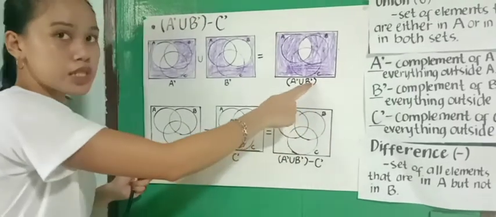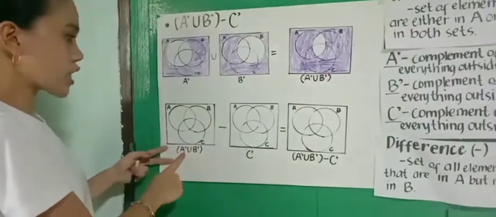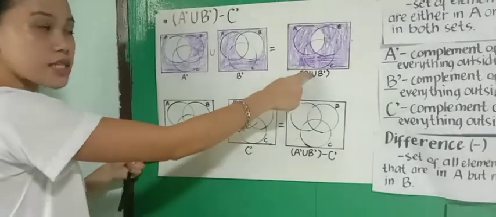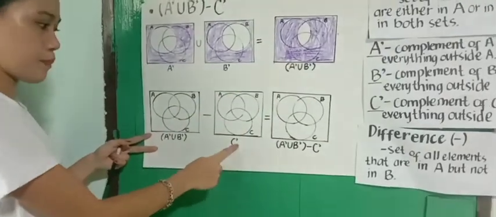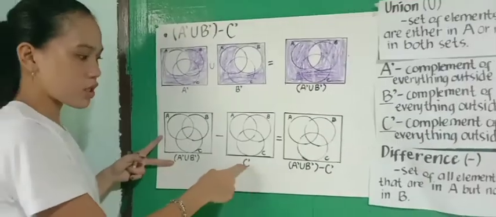So let us proceed with our second step, which is the difference of this statement with the C prime. So we will first look for the C prime.